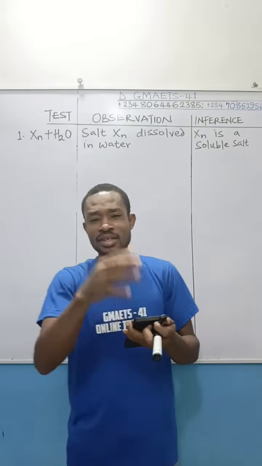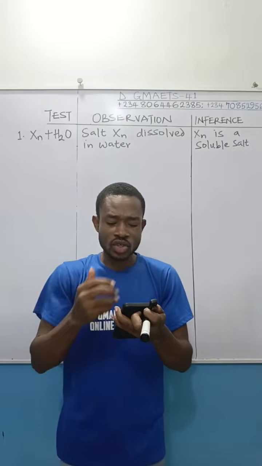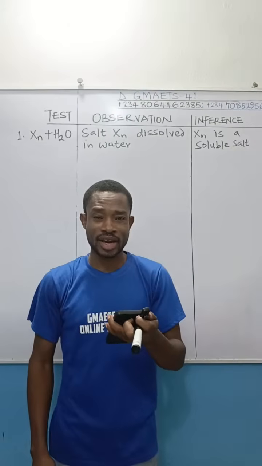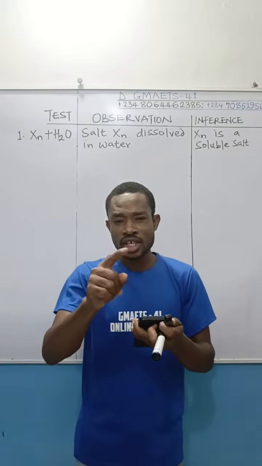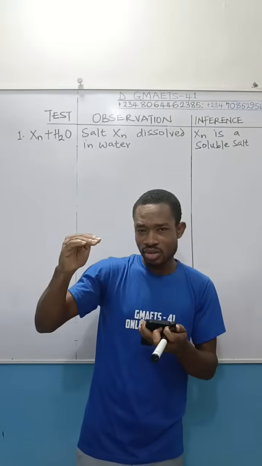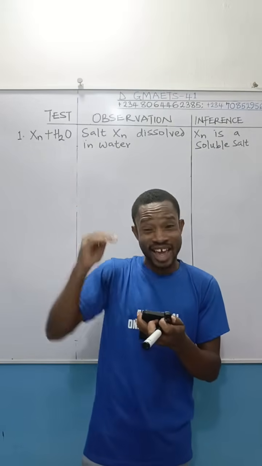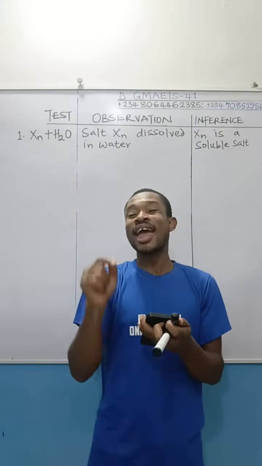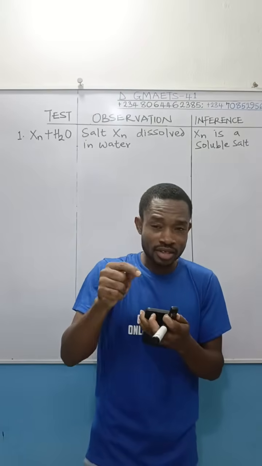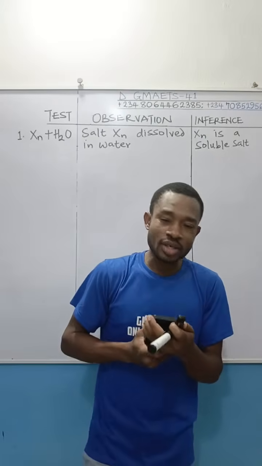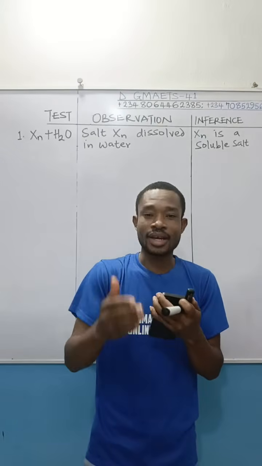If I am in the exam hall, what I will do first is read this through as quickly as possible. The reason is that the way the examiner gives you the instruction and where the instruction ends helps you, to an extent, to predict whether a particular salt or ion is there.